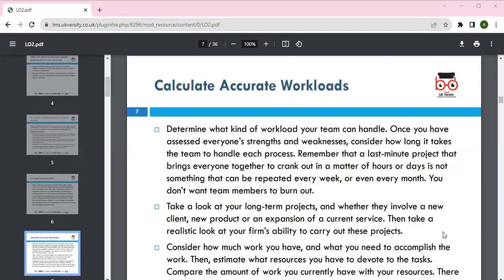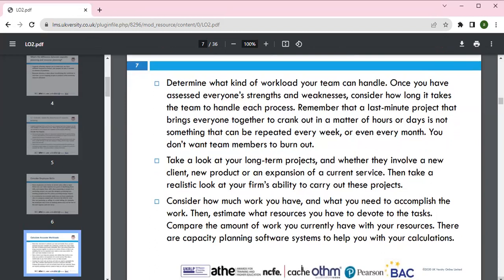Just take a look at your long-term project, whether it involves a new client or new product, or expansion of the current service.